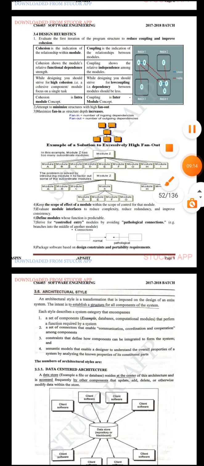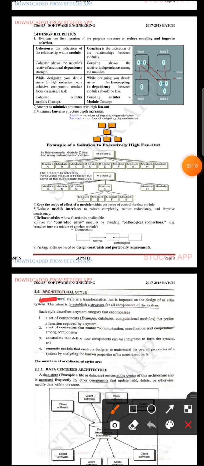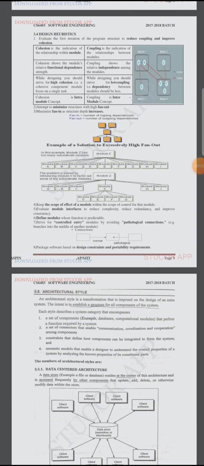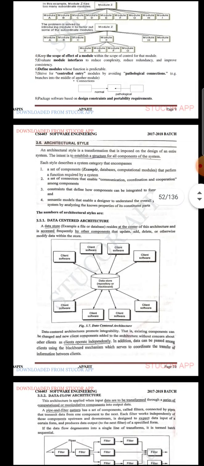I have asked this question, architectural styles. Okay, so it is a very important question. This question was very frequently asked in so many examinations.